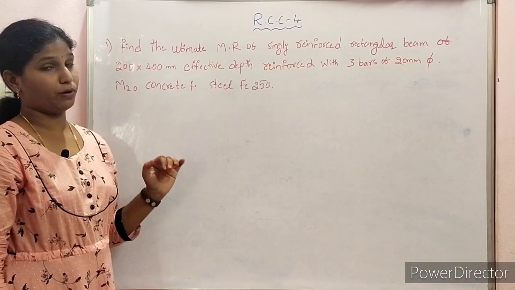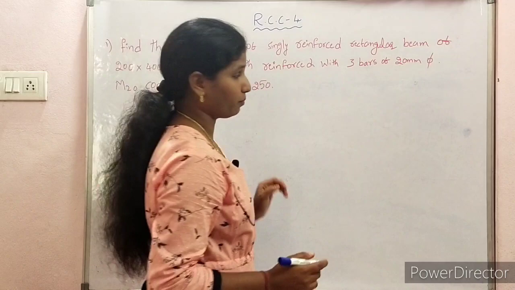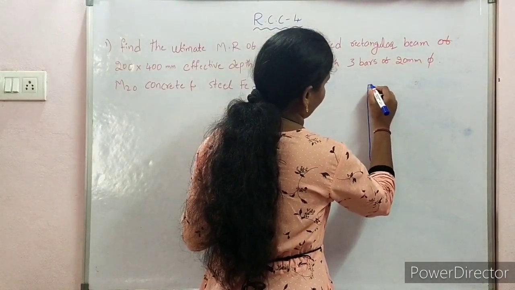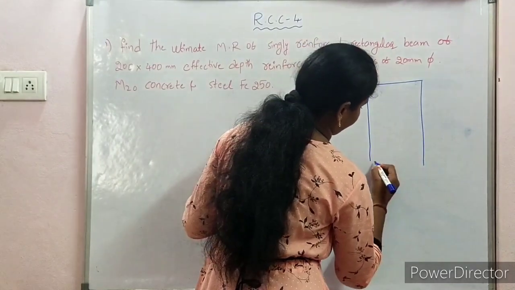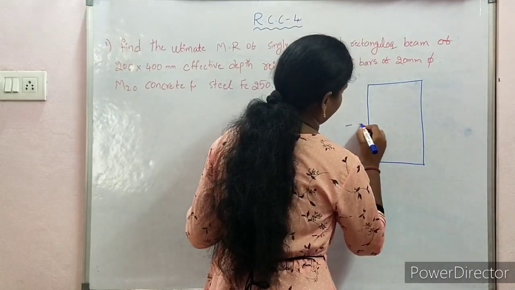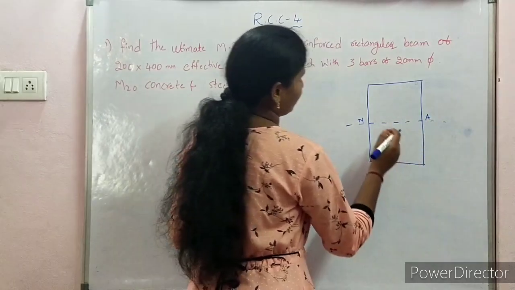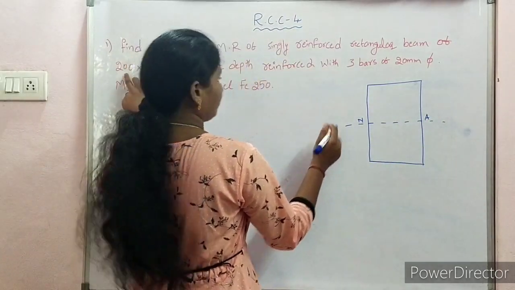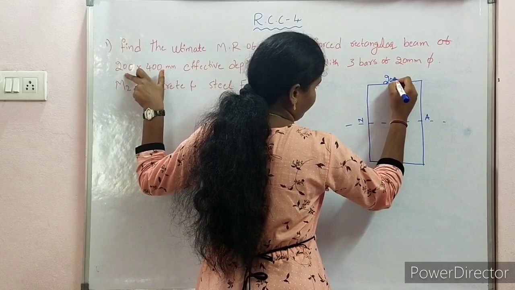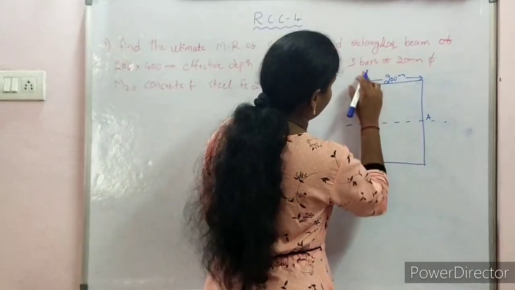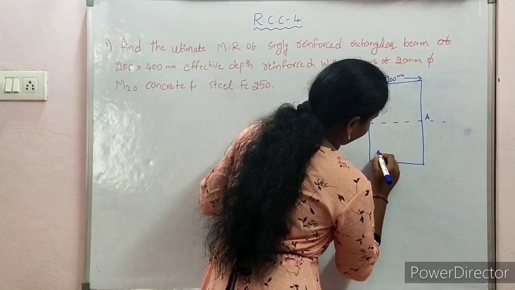Before solving the problem we have to draw the cross section of the beam. This is the rectangular beam. This is the neutral axis. Breadth is 200 mm.